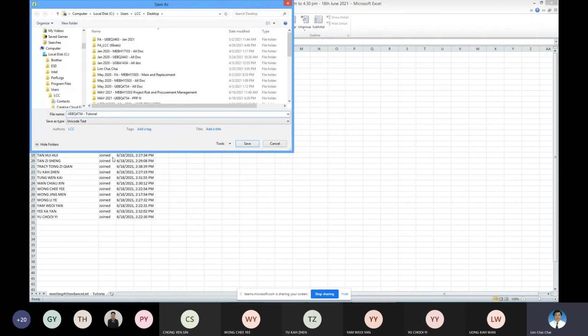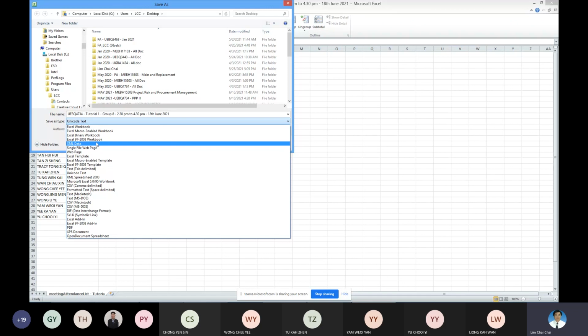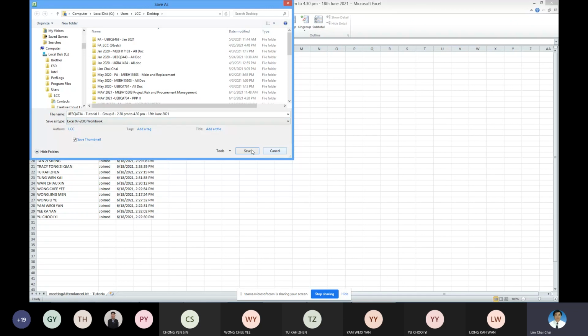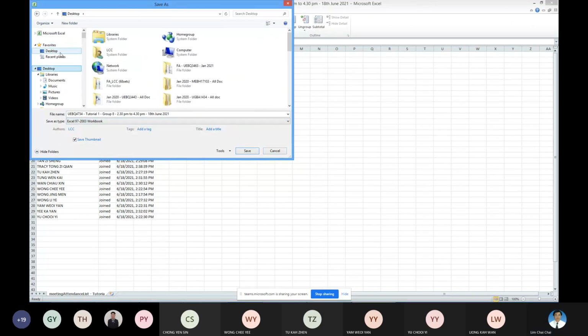Tutorial 1 group 8, 2.30 p.m. to 4.30 p.m., 18 June 2021. Okay, let me save under this category, under the desktop.